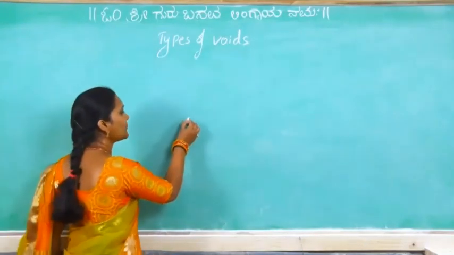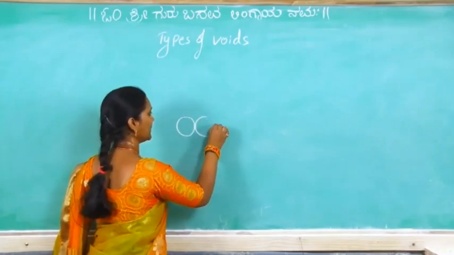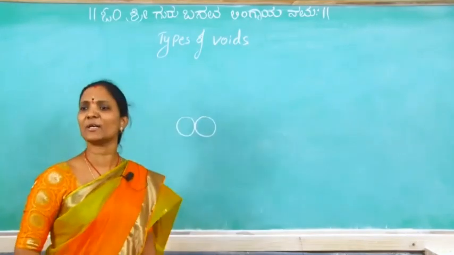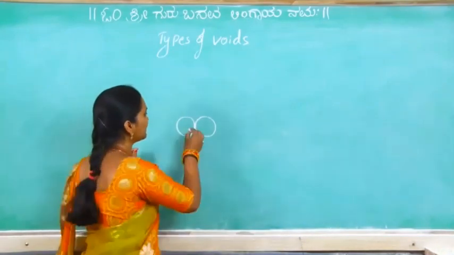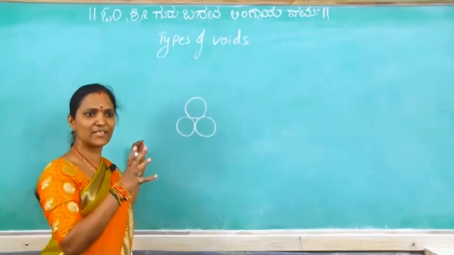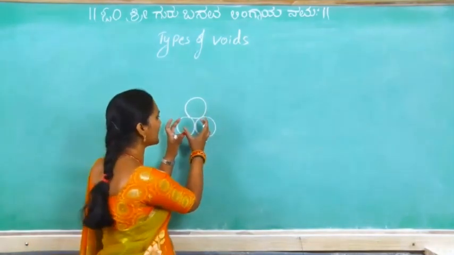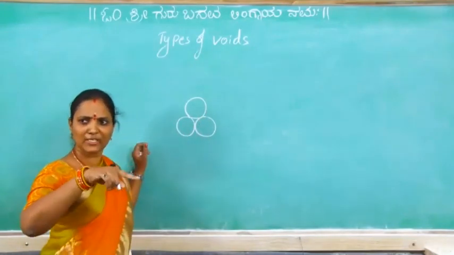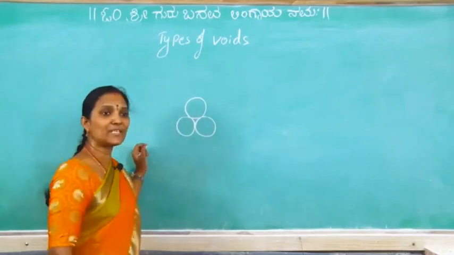Here all the particles are closely packed with each other. In solids, all the particles are closely packed, so close packing is there. Now if the particles are close packed spheres, three-dimensional we are imagining, even though that is the circular shape, definitely we are getting empty space.